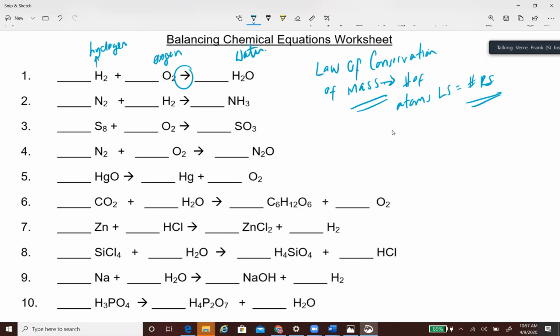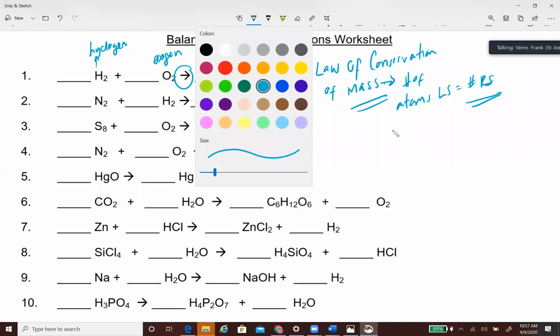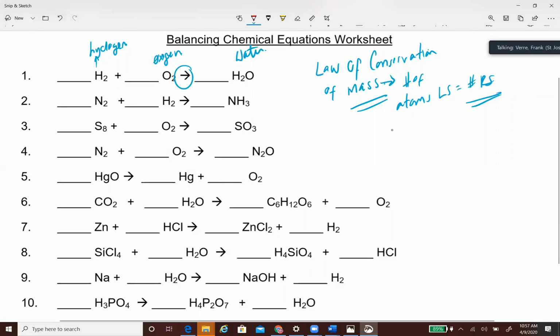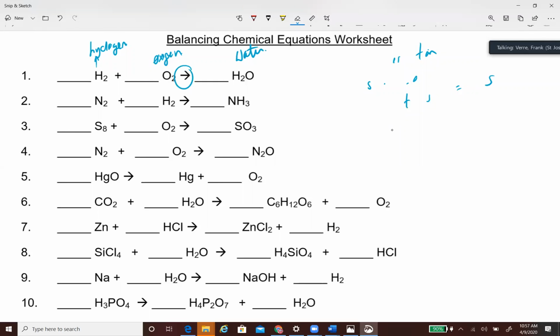So if I look at, for example, this one here, okay? If I look at on the left side and look on the right side, I'll notice it's not balanced. For instance, there's two types of atoms I see, right? I see hydrogen and I see oxygen. So let me just do like a little table here, just so you see this.